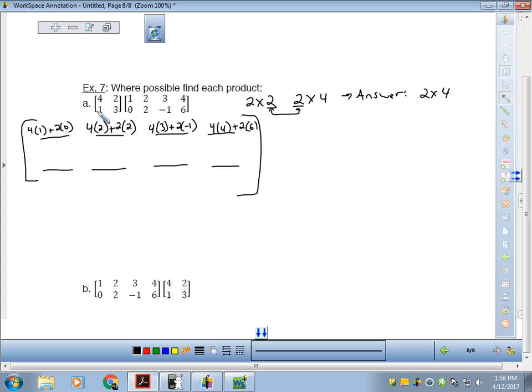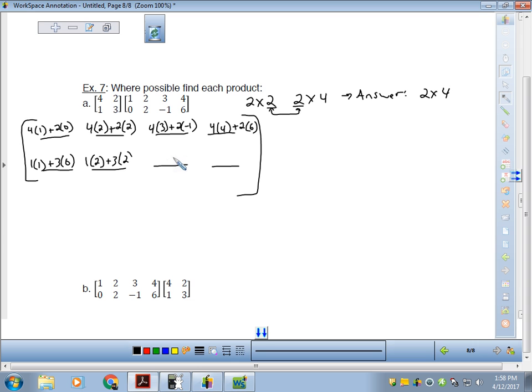So I'm going to take row 2, which is 1, 3, multiply it by column 1, which is 1, 0. So I'll have 1 times 1 plus 3 times 0. This is row 2, column 2. So I'm going to take row 2, which is 1, 3, multiply it by column 2, which is 2, 2. So I'll have 1 times 2 plus 3 times 2.